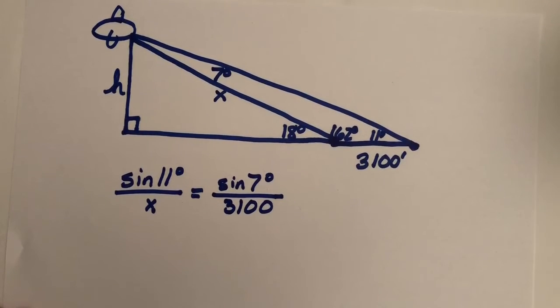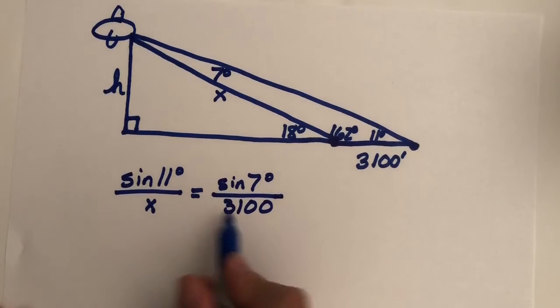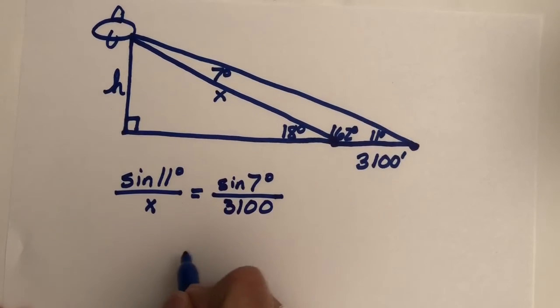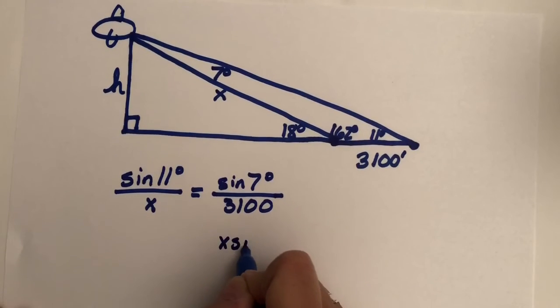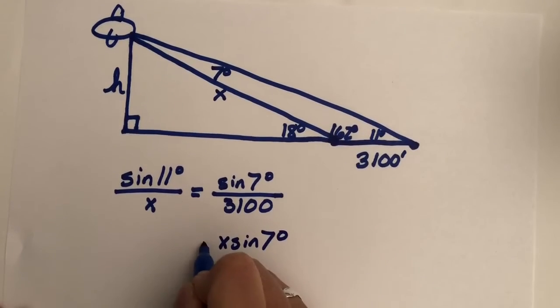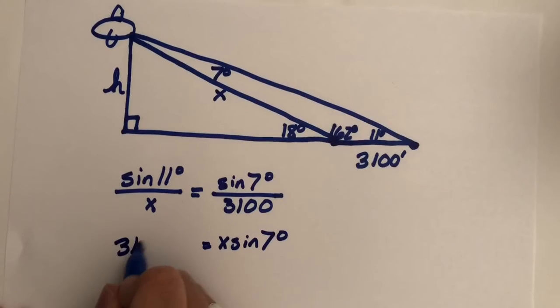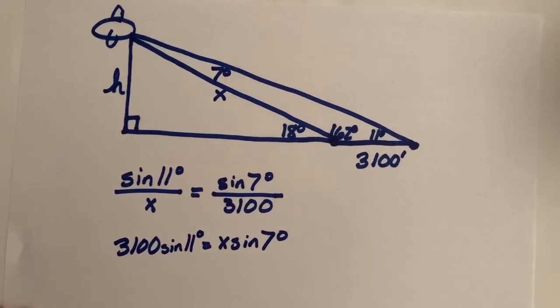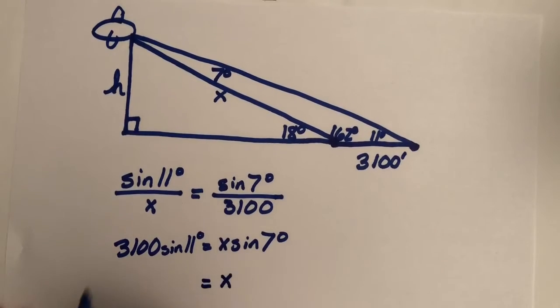And now we can use our algebra to solve this. If we multiply both sides by 3,100 times X, or just cross multiply, we will get X times the sine of 7 degrees equals 3,100 times the sine of 11 degrees. When we divide by the sine of 7 degrees, we'll have this.